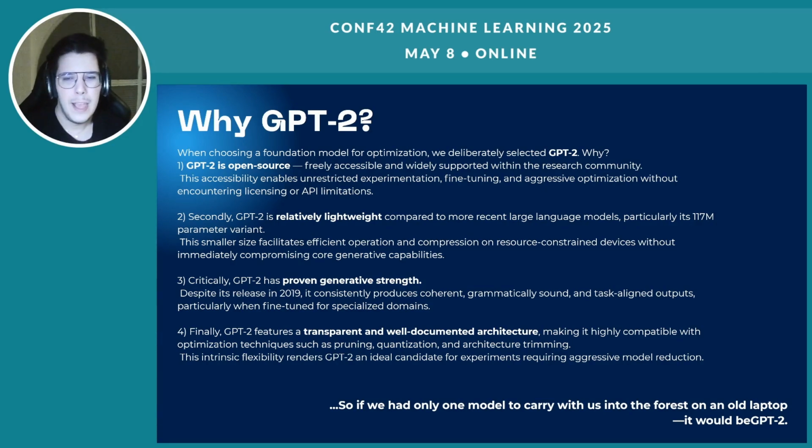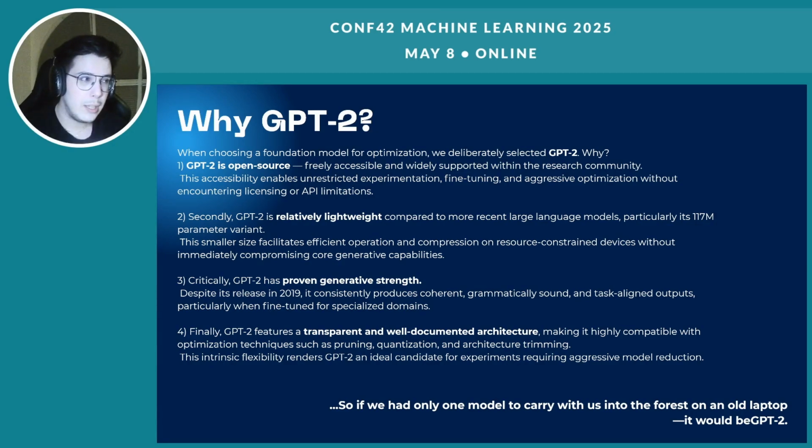Critically, GPT-2 is also really great at generative tasks. Despite the fact that it's past gen and was released in 2019, it's really good at producing coherent, grammatically sound and task-aligned outputs. So it's very solid for fine-tuning for specific domains.